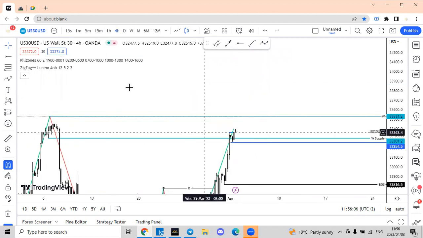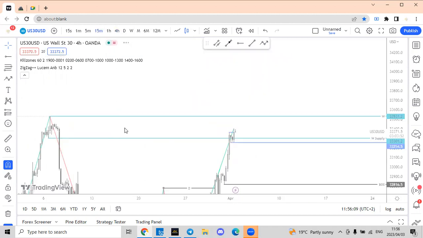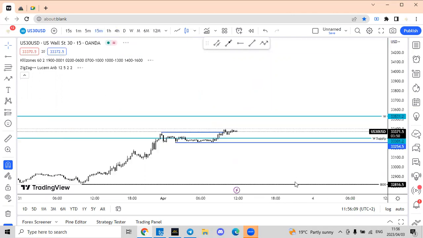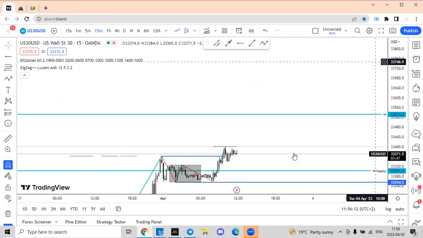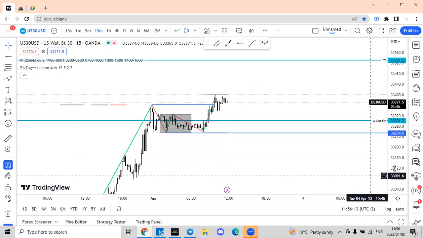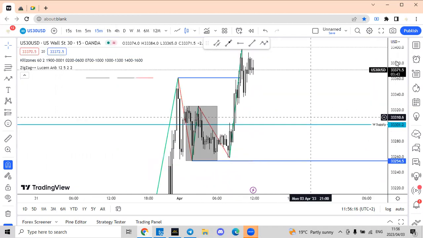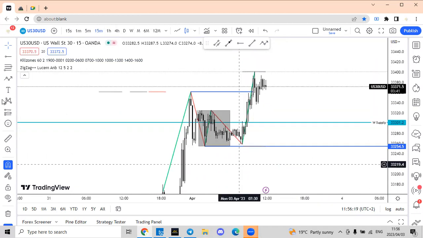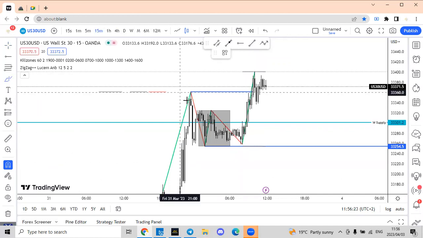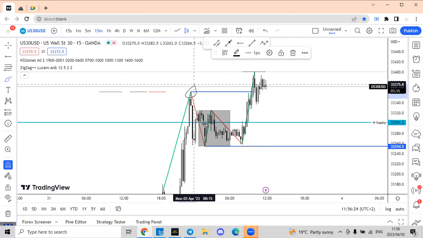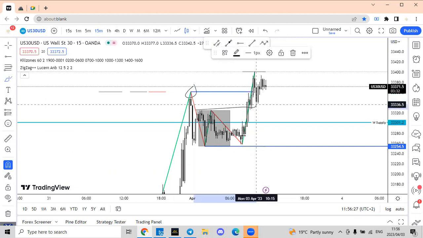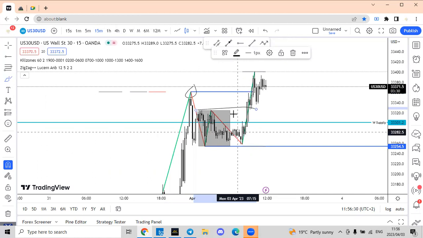So what can we do here? I'll jump to a smaller time frame and see what happened since the morning started. We can see that we have taken some liquidity here from the previous day's high, right? And we have run up through a liquidity from the Asian high.